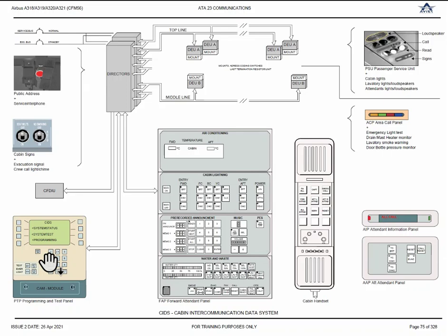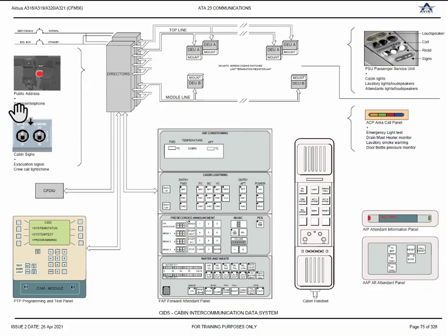So normally, it is not visible. It is mainly for the maintenance people. Cabin crew will not have access to this. Only the maintenance people use it to do their maintenance activities through the PTP. They can do the same thing from the MCDU also. So it's available from both places.